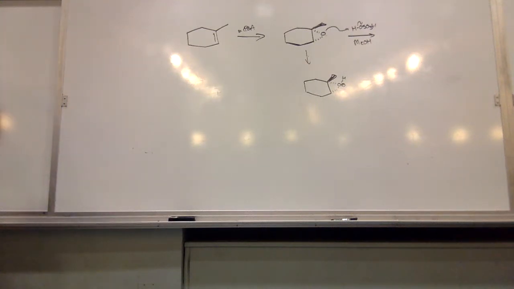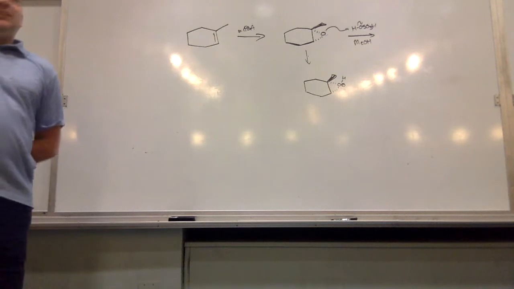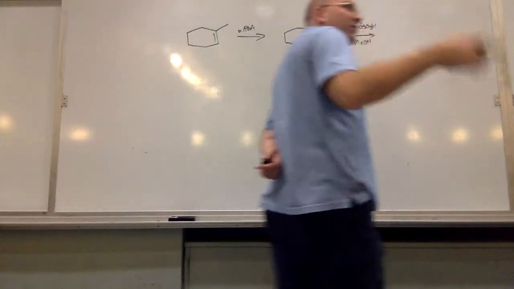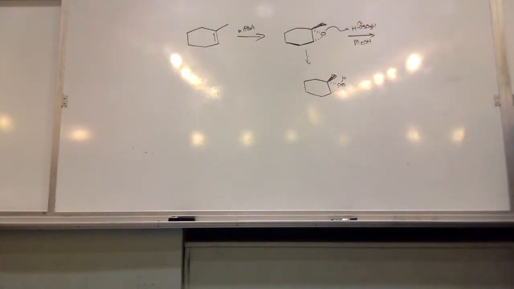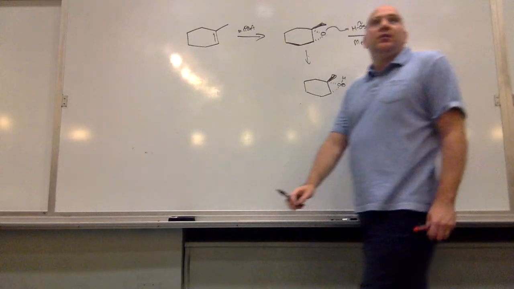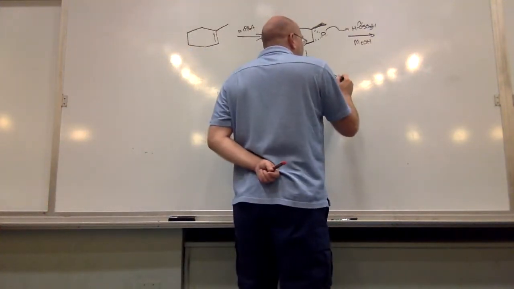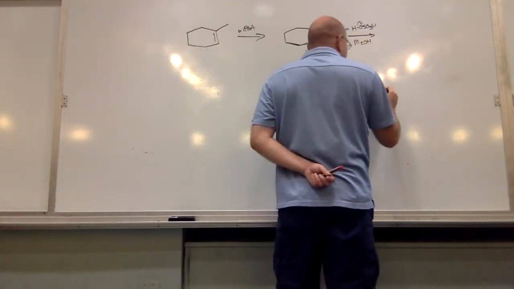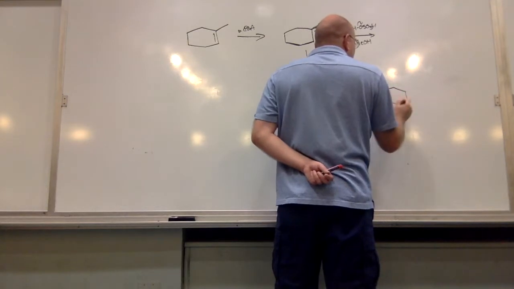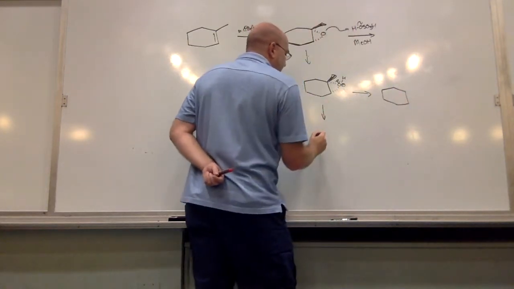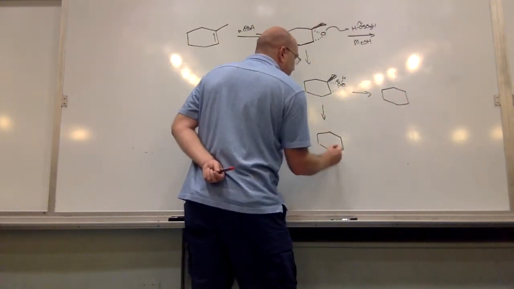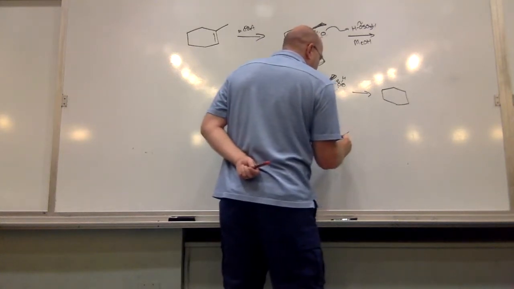And from here, there's something that would be bound to happen fairly easily, right? What would that be? Ring open. It's going to ring open, right? And if we think about that ring opening forming, we can open one of two ways, and this is analogous to what we've seen before.